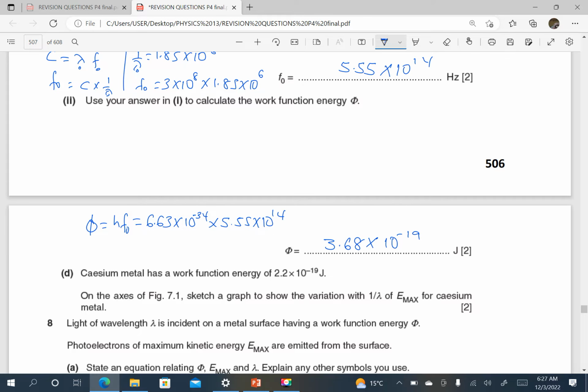Cesium metal has a work function energy of 2.2 times 10 power negative 19 joules.